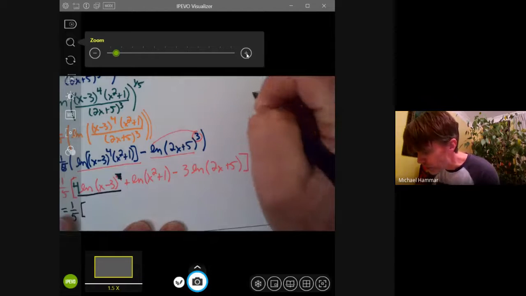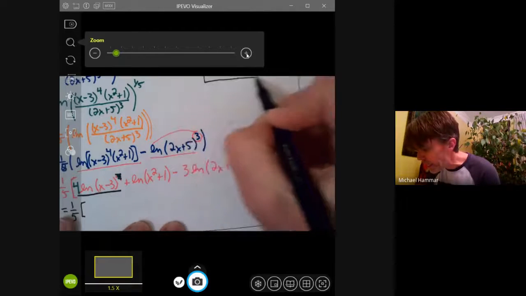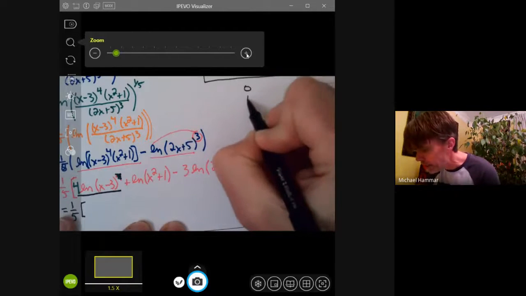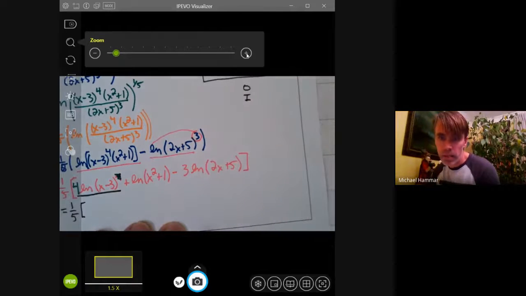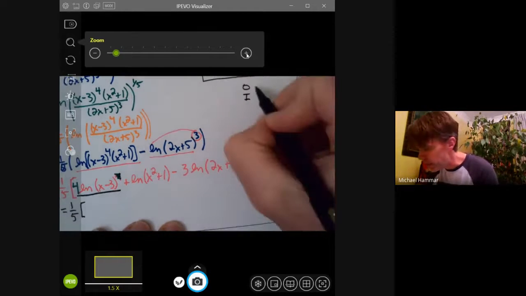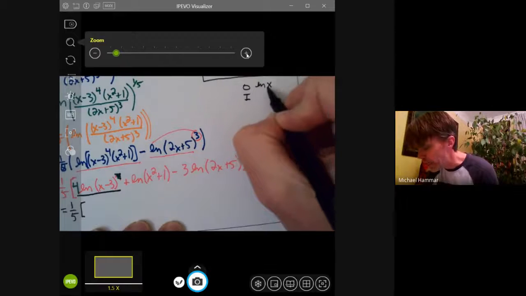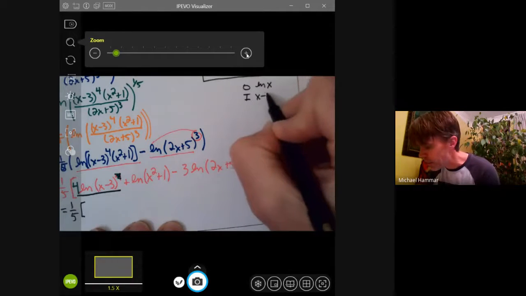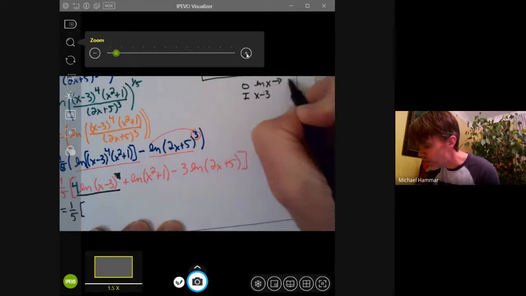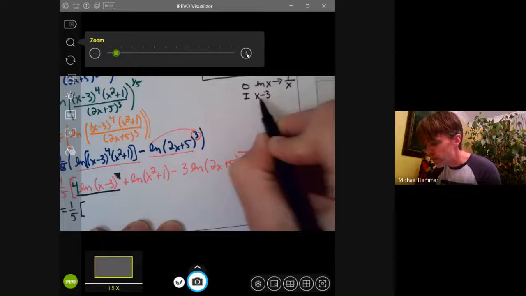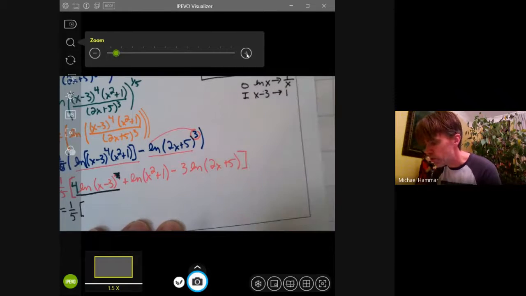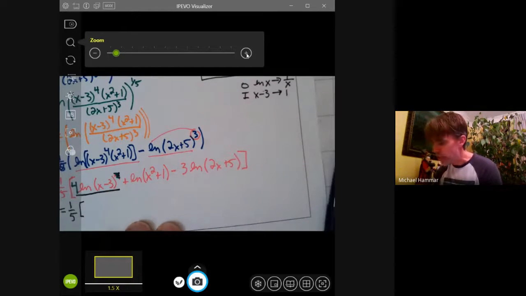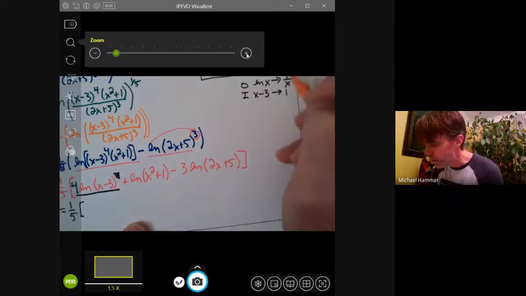But I'm going to go through and I'm going to put my outside and my inside. My outside is the natural log of x, and my inside is x minus 3. So this is going to be 1 over x, and the derivative of this is just 1. Okay, so that makes that kind of easy for us.